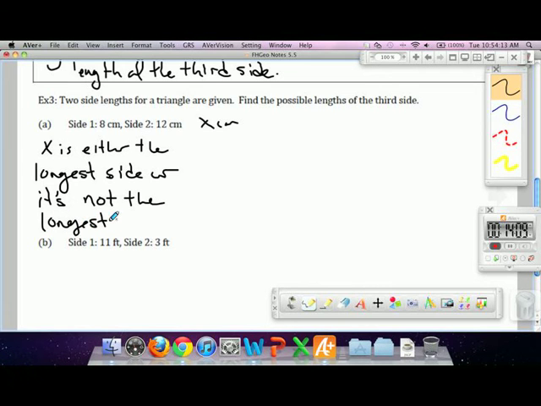This missing side is either the longest or it's not the longest. It's got to be one of those 2. There's nothing else. It's either the biggest or it's not the biggest. Okay? Let's look at the implication of each of those 2. What if it's the longest side? What should our inequality look like then? What's the only really important inequality that we care about then, via this triangle inequality?